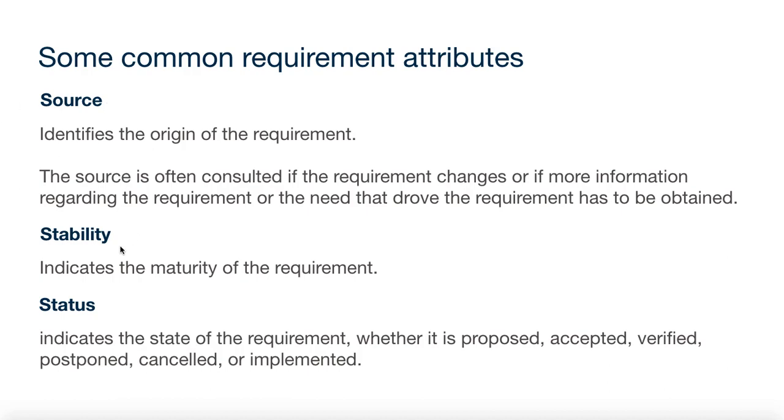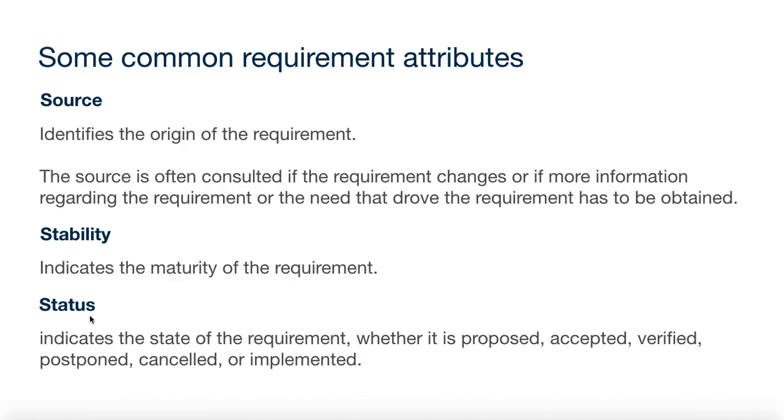The next one is stability. So this indicates the maturity of the requirement. How mature is this requirement, whether it's fully matured or whether it's half baked and less mature. Based on this as well, teams would be able to plan whether they need to take up the requirement and implement it or not.